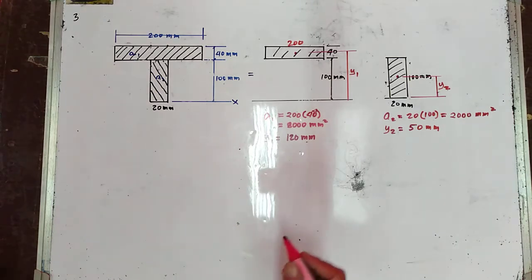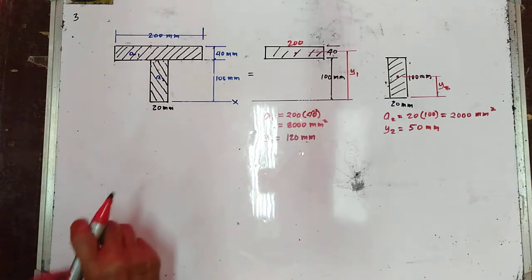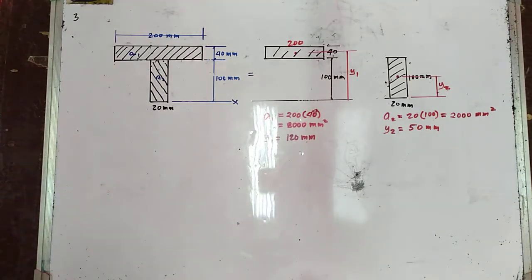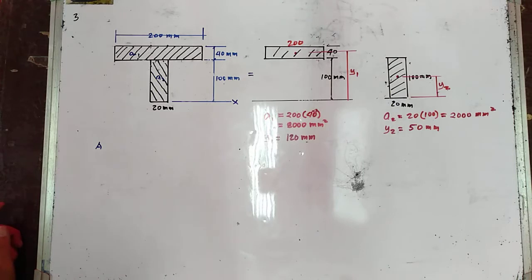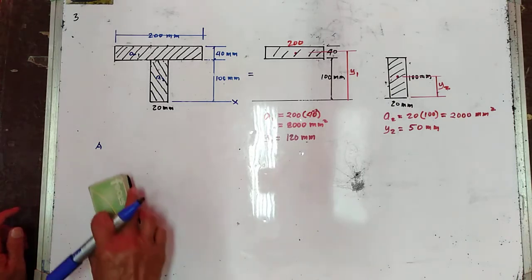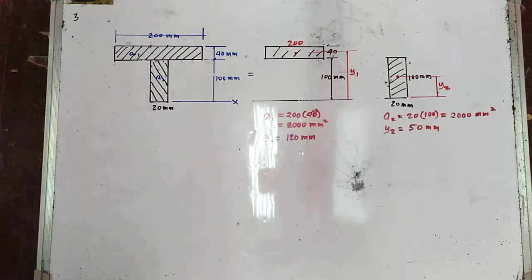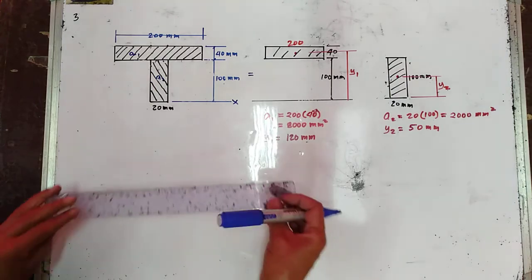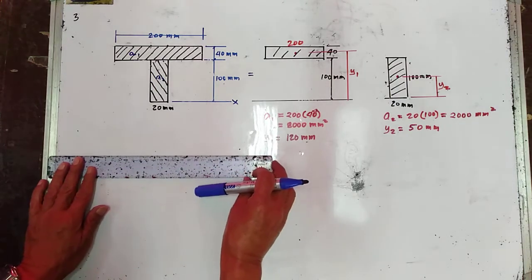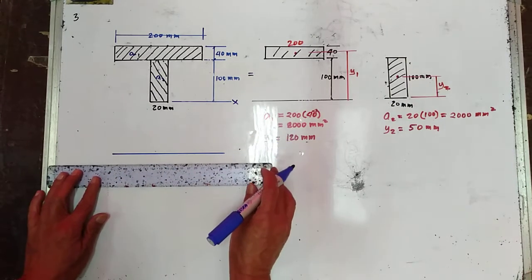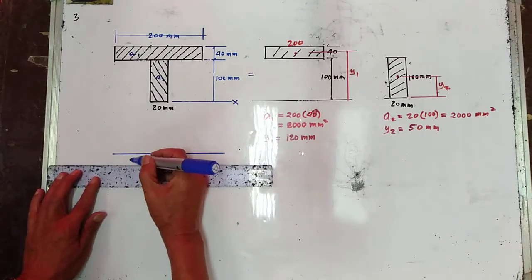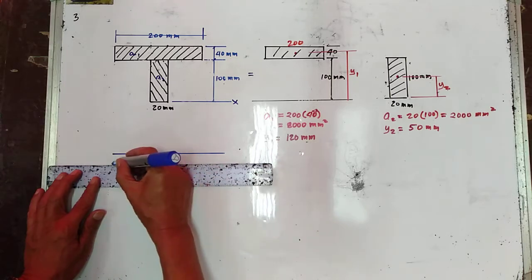So that, let us now determine your area times bar y. So your area times bar y is equal to summation A multiplied by y. So let us tabulate this one in here.